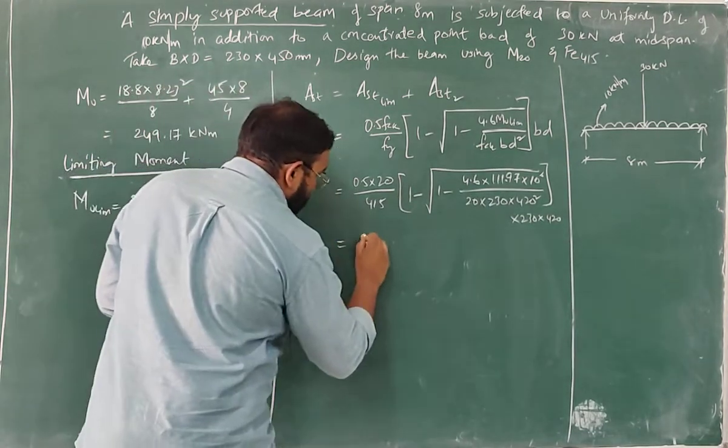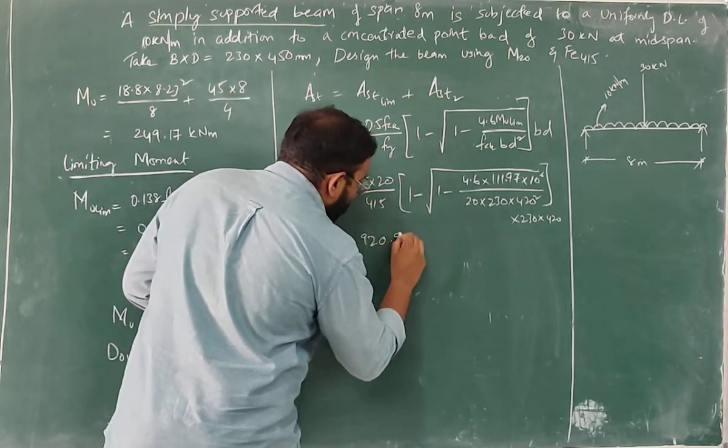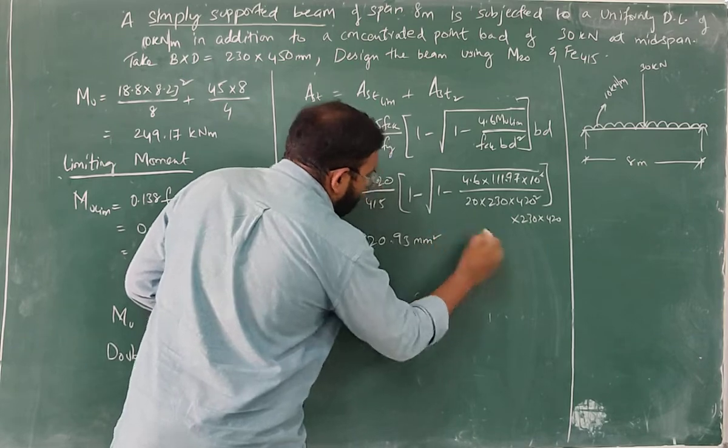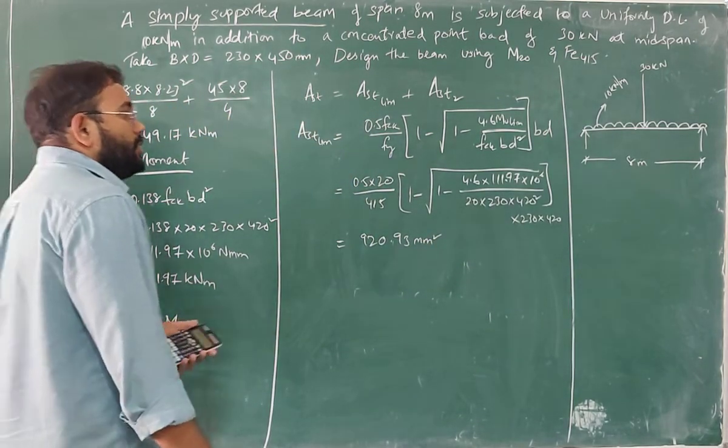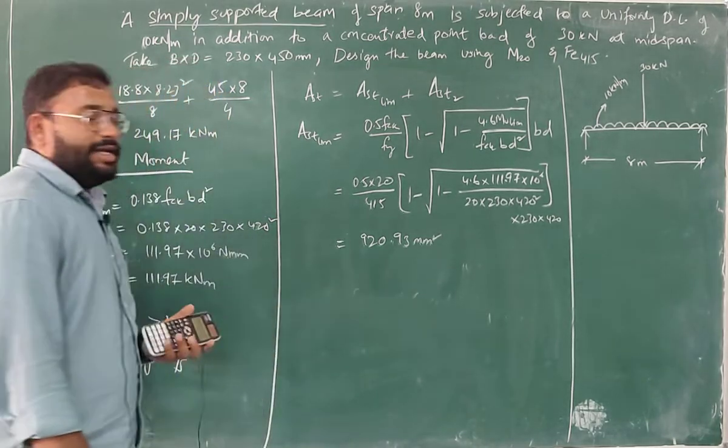So this is 920.93 millimeters square. This is what is limiting Ast.